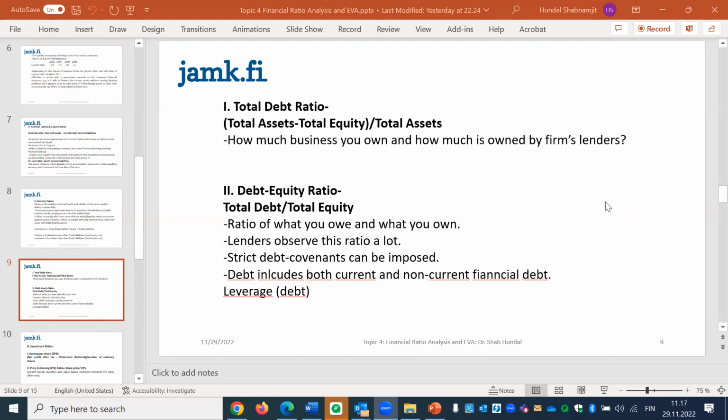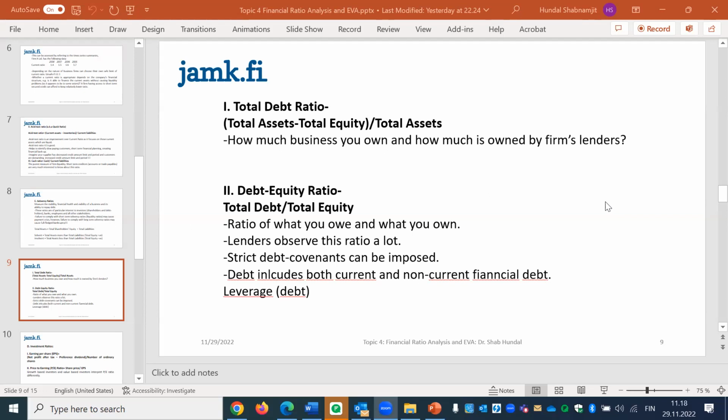So it keeps them agile and alert. Whereas in equity, there is no such pressure. So the managers can become lazy and they can become complacent. So therefore, debt has some good things, but debt has bad things also. The bad thing is that it can push the company towards bankruptcy, because if there is a pressure of financial performance and you're meeting it, great.